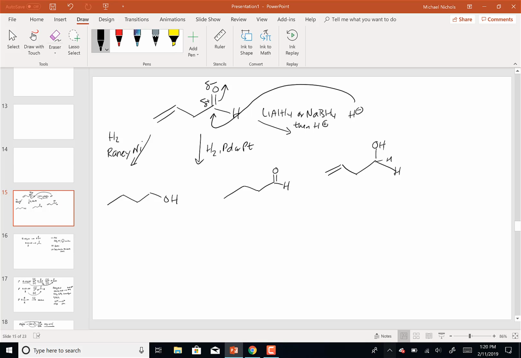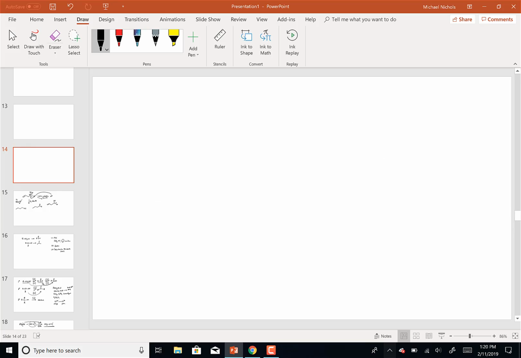Okay, let's see, ethers. So we didn't really talk too much about the physical properties of ethers, and so I want to go back and talk about what's important about ethers. And what's really important about ethers is that they're mostly used as solvents because they really don't react well or at all with nucleophiles and electrophiles, and so they make great solvents.